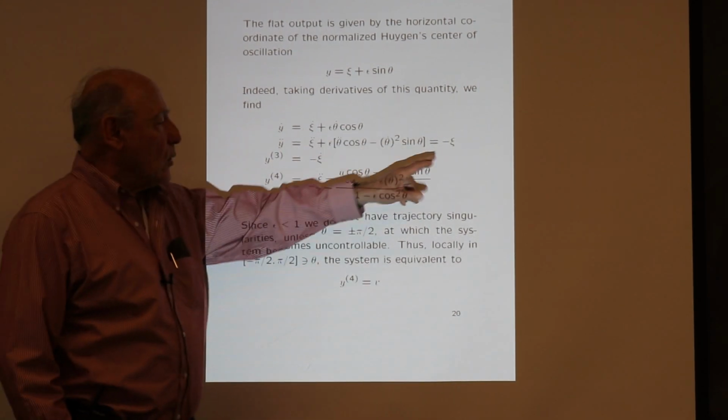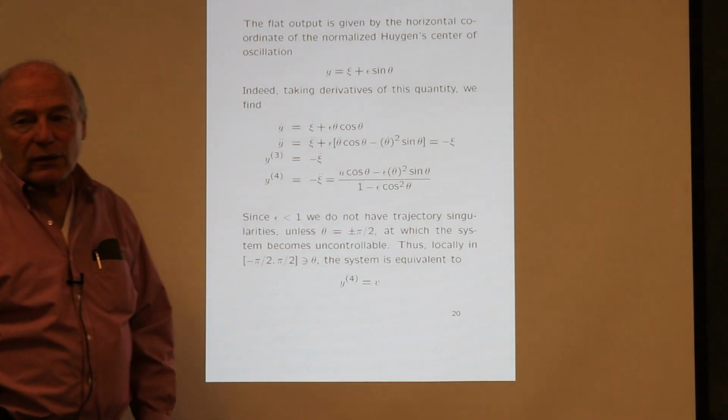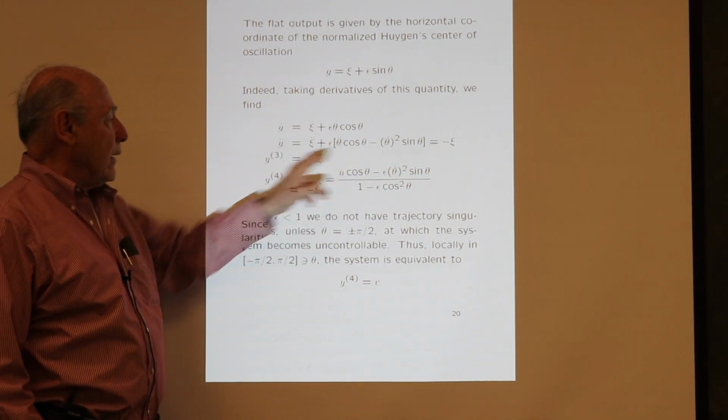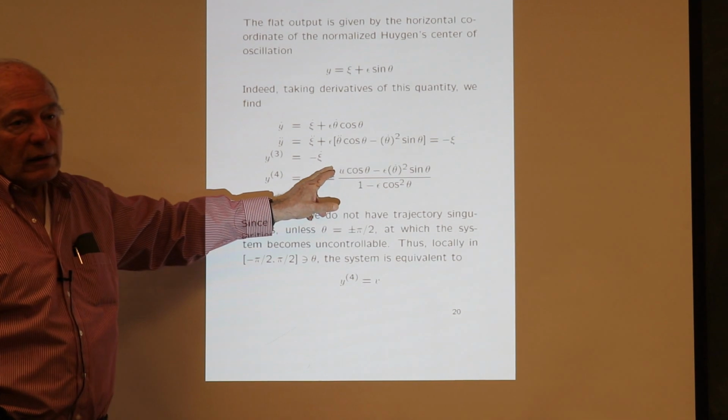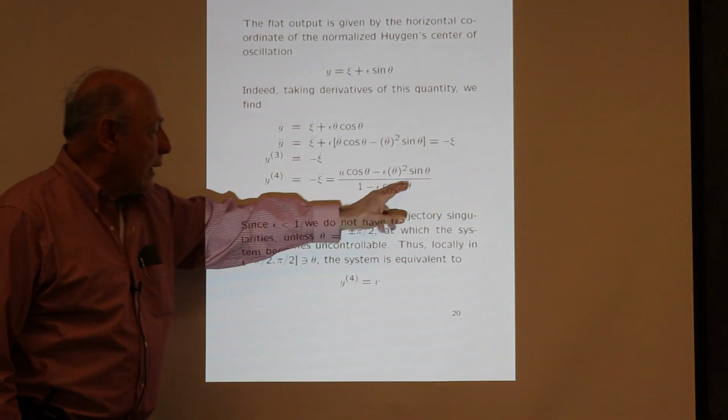So I can take two more derivatives of this variable and I will not find the control. In the first derivative, I'll just find y3 is just minus C dot. And one more derivative will bring in the control.